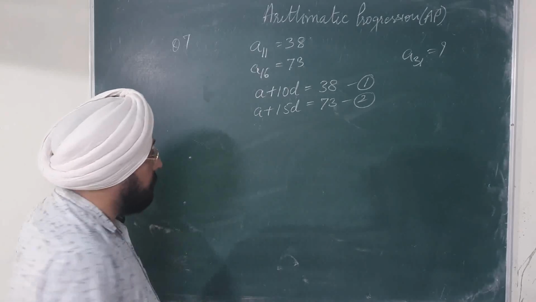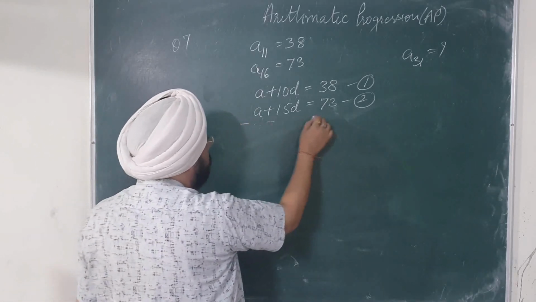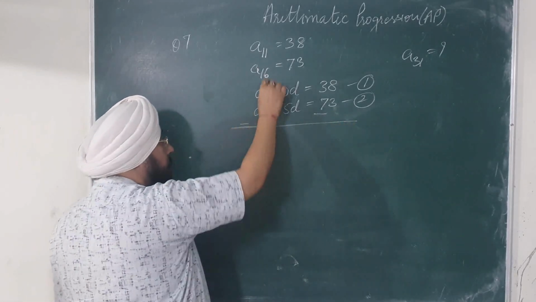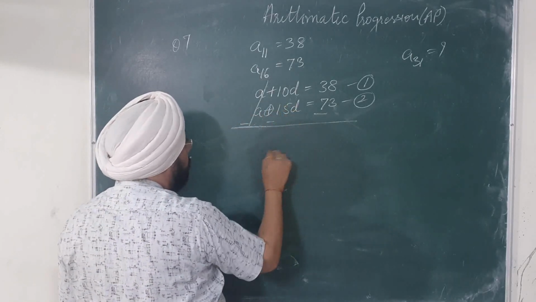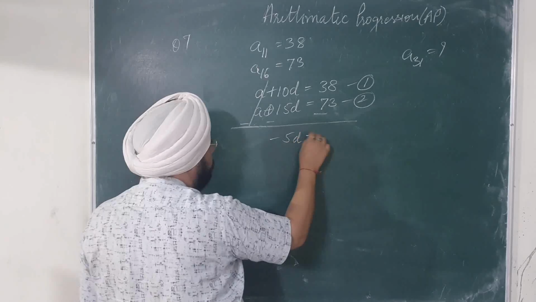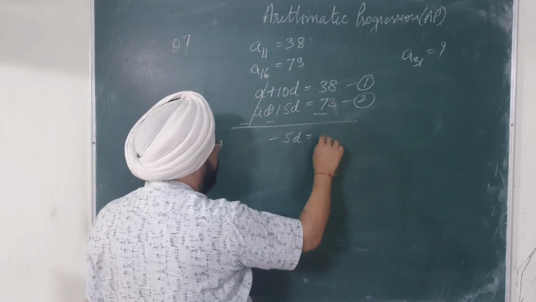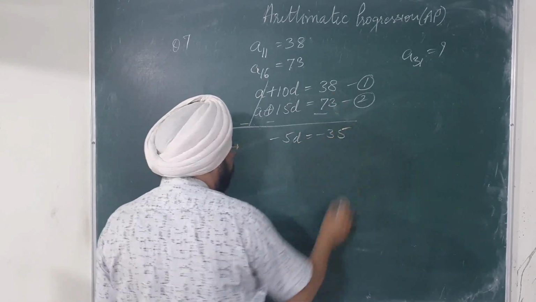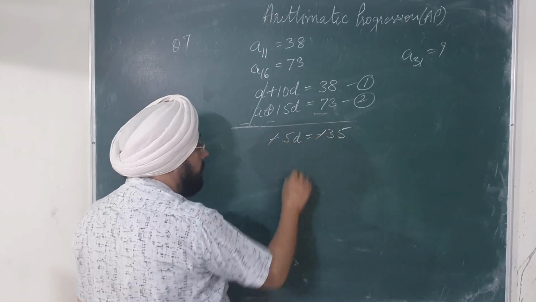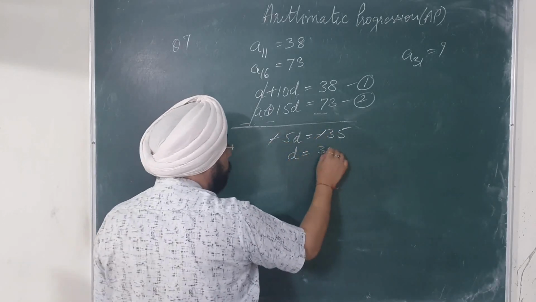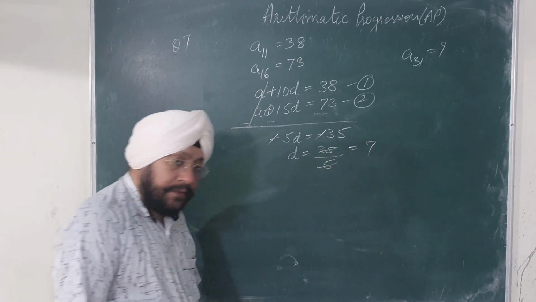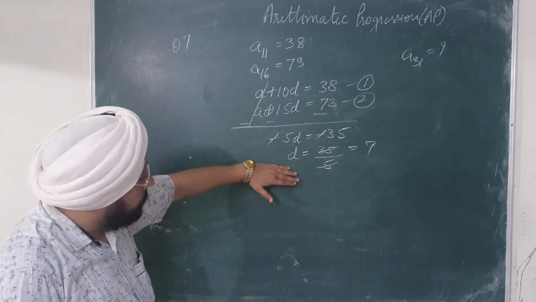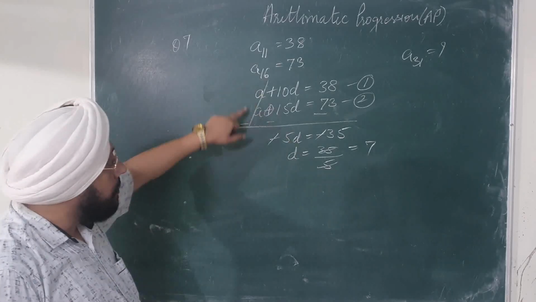Now by the elimination method, simply change the sign because the first term is already the same. So cancel this a. We get 10 minus 15, that is minus 5d, and 38 minus 73, that is minus 35. Minus is cancelled with minus, so we get d is equal to 35 over 5, that is equal to 7. Now substitute this value of d in any of these equations.